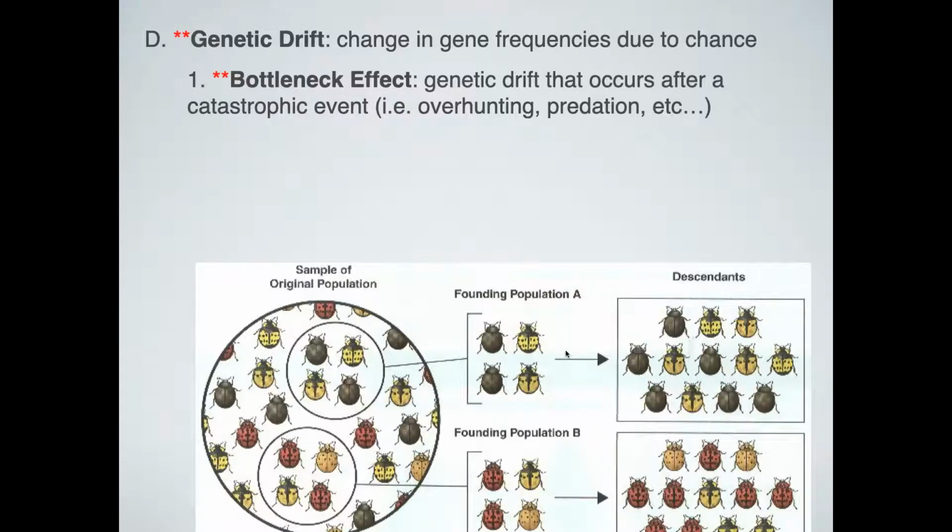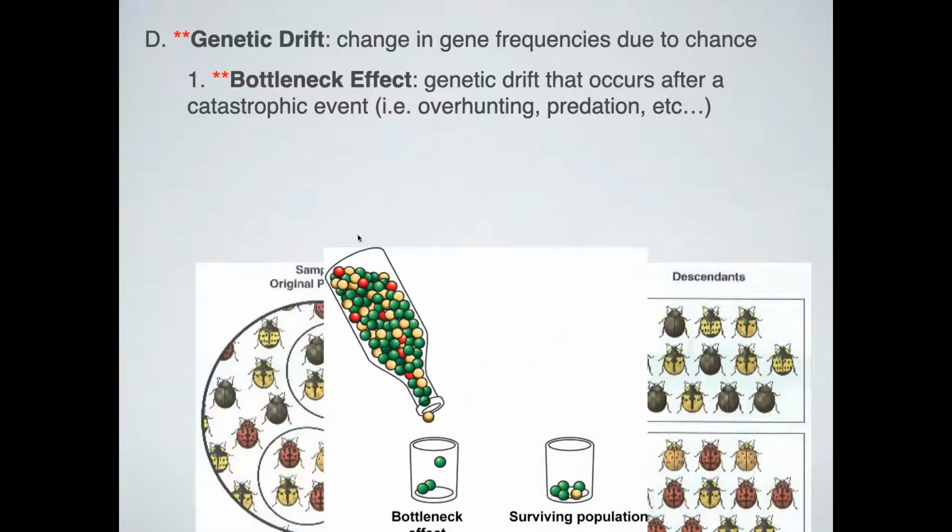So there's a change in gene frequency, but it's because of a catastrophic event. So it could be a hurricane, an earthquake, predation, overhunting. It could be a lot of things. So let's say this was our original population, but only these ones make it out. That's going to look very different than the original population, and so that could very dramatically change what these organisms gene wise develop into.